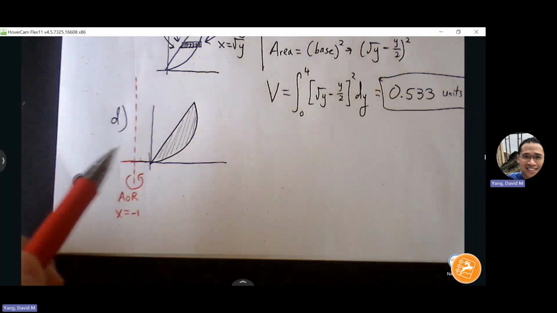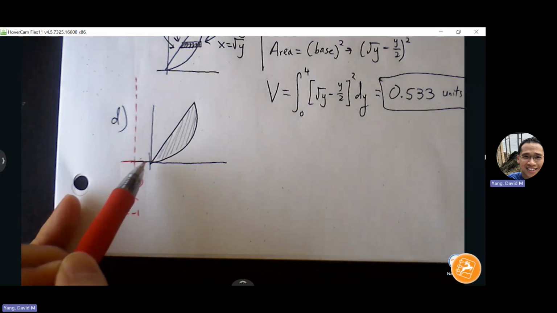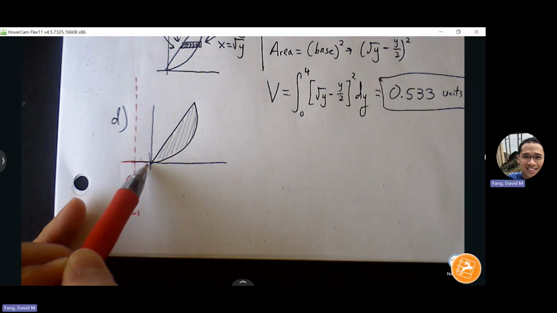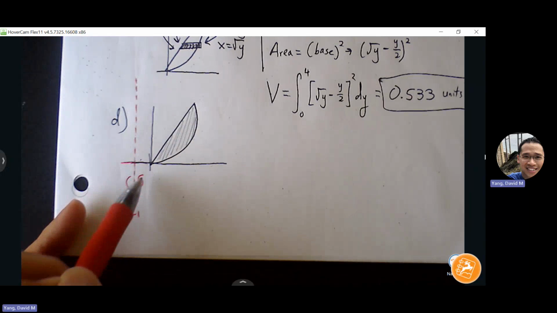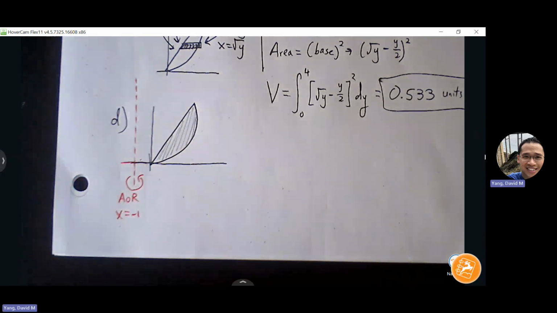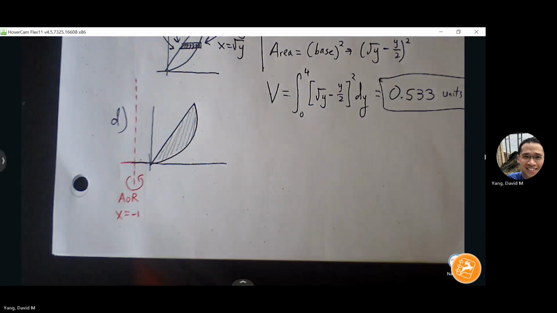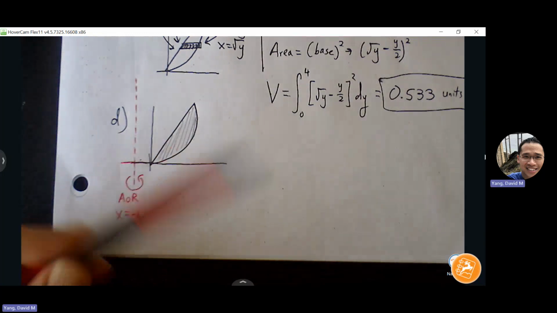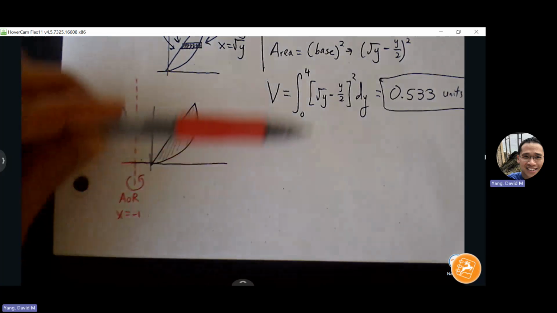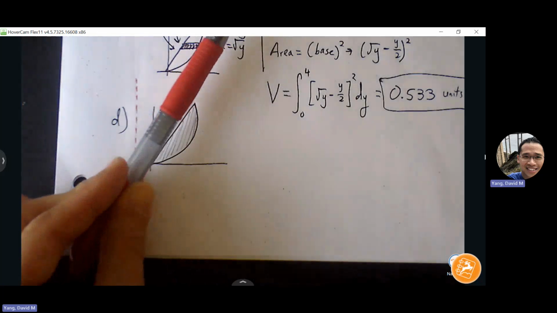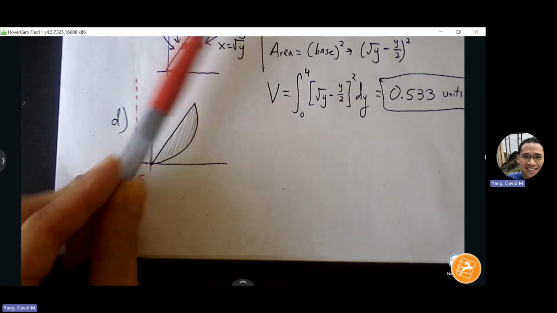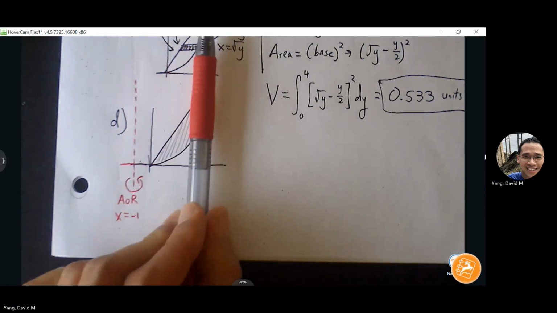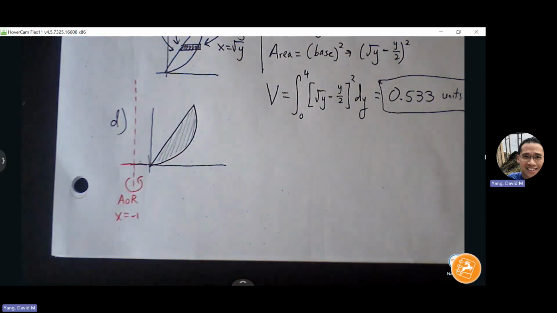And I want to keep reminding us that even if the dotted line was touching the shaded region, if you see any sort of a gap, it is still going to be washer method. This shaded region has no flat surface, at least not from a horizontal or vertical perspective. There's technically a flat surface here, but it's diagonal, but our axis is always going to be vertical or horizontal. So this shape is never going to allow for anything but washer method.